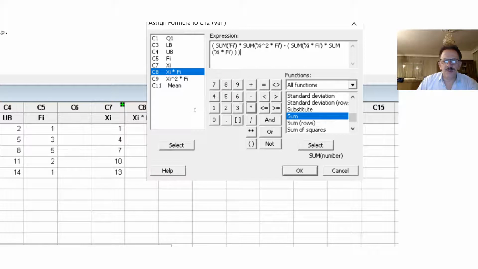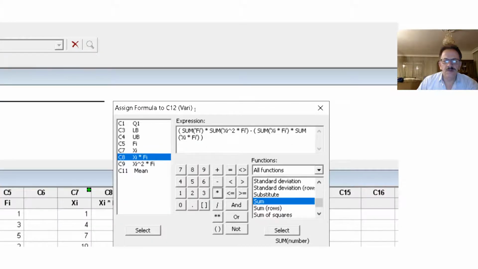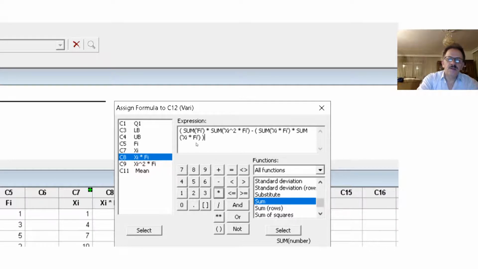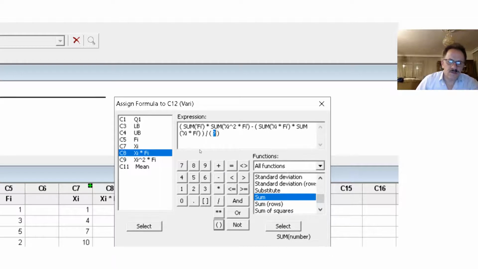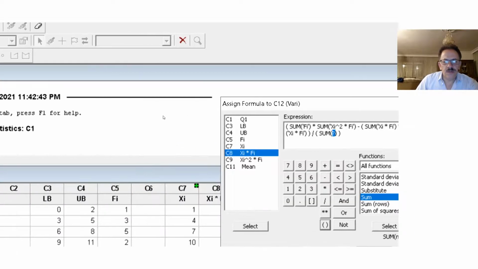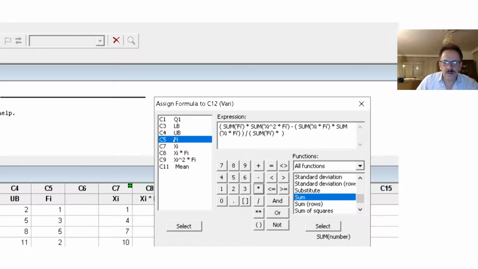This will be okay. Now I have to delete this bracket. Then after that, divided by open bracket n, which is also the summation of fi, times what?